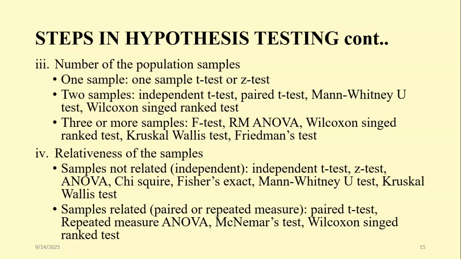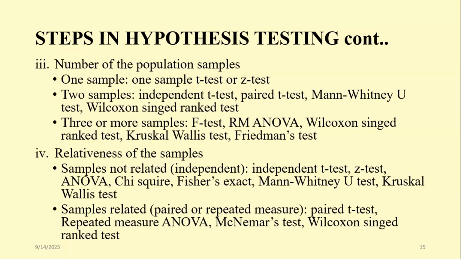So if you want to compare only one sample, you are going to use a one-sample t-test or z-test. If you are comparing two samples, you can use the independent sample t-test, paired t-test, Mann-Whitney U-test, or Wilcoxon signed-rank test.